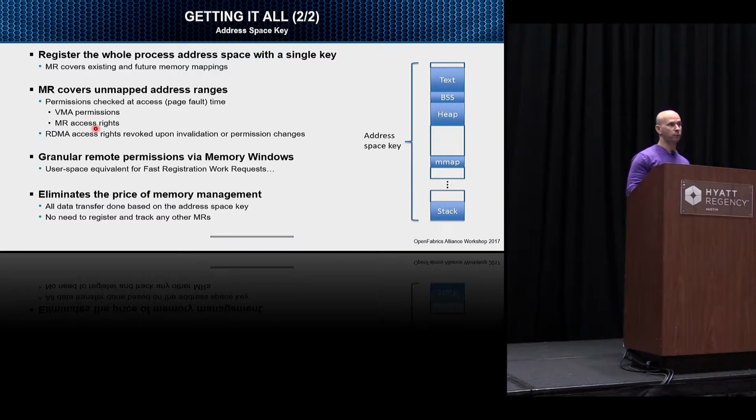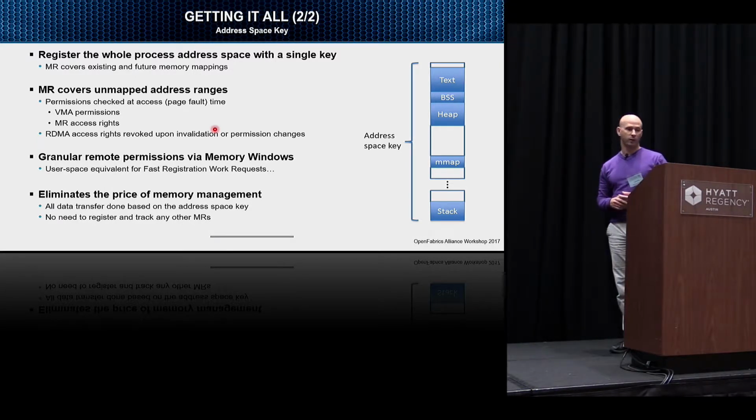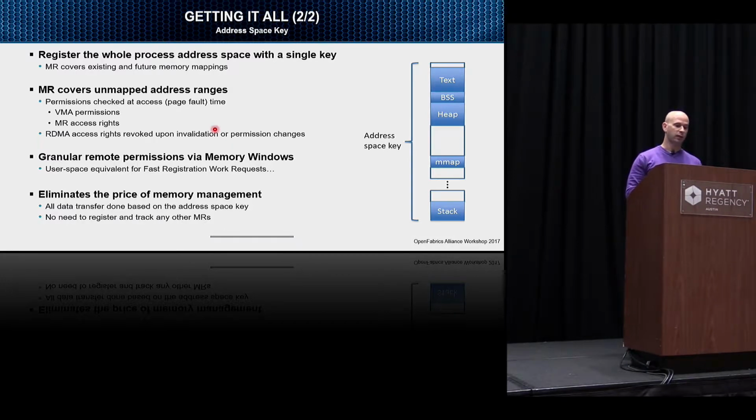So it could be that the processor has read-write access, but that doesn't mean that I want to allow an incoming RDMA write to access that region. When something changes in the address space, it could be either because of an invalidation or because of a change of permissions. That's where we get an invalidation. So the permissions rights, again, are consistent with the CPU at all times.